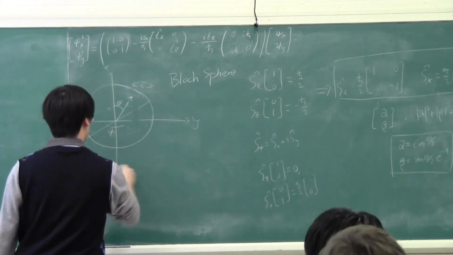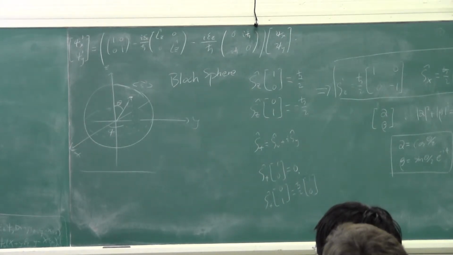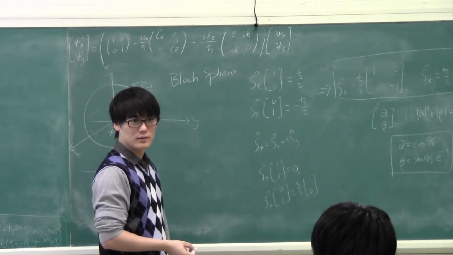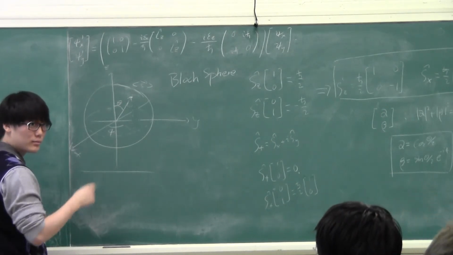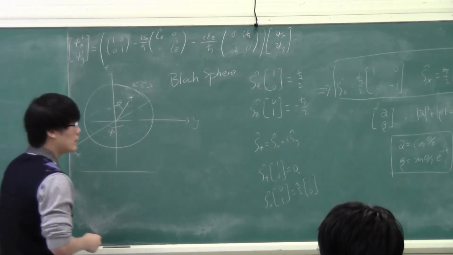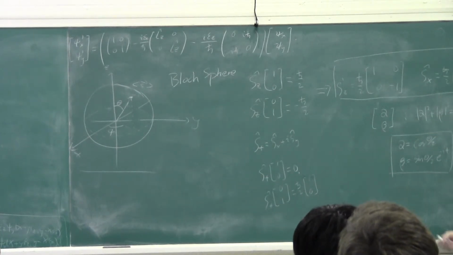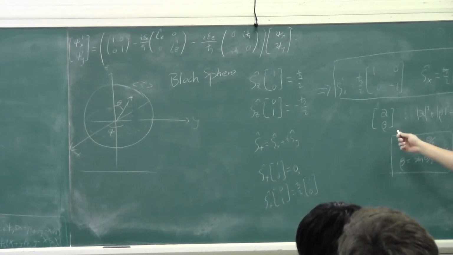In recent times, the Bloch sphere received more attention because of the advent of quantum computing. Without going into quantum computing, let's just say one thing. What is the information that you can carry with a classical bit? 1 or 0. I carry 1 bit of information, either 1 or 0. But with a quantum bit, which is in every way just a spinor, how much information can you carry?